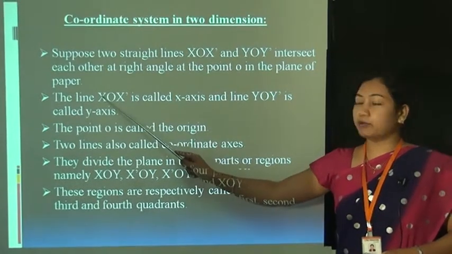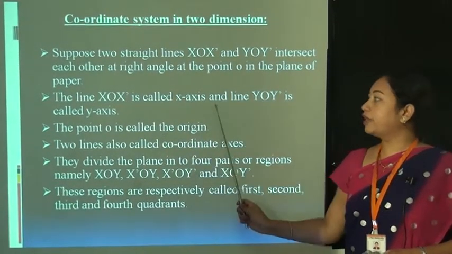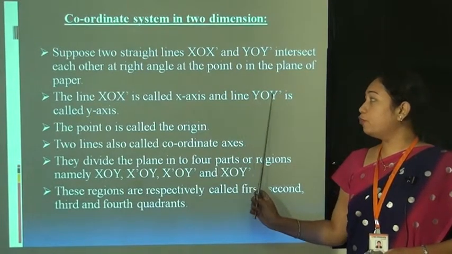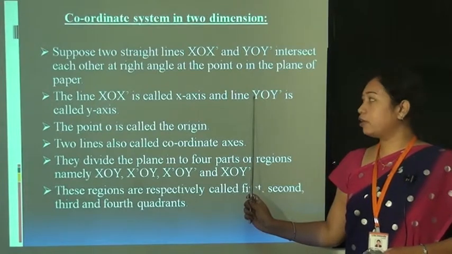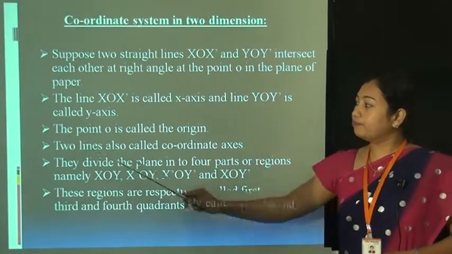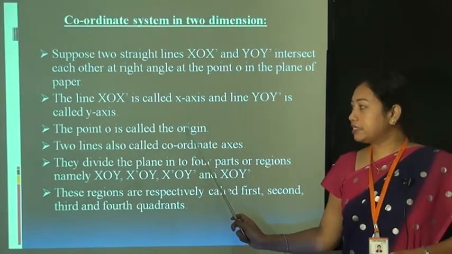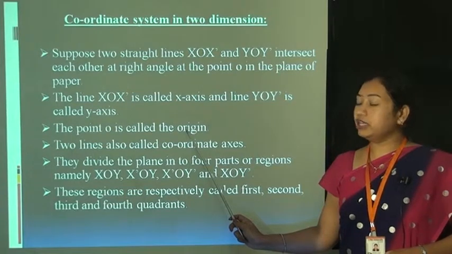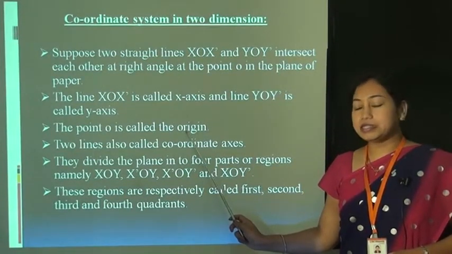Here x is in positive direction and x' is in negative direction, and line YOY' is called the y axis. Here again y is in positive direction and y' is in negative direction. The point O is called the origin. That means at this point both coordinates of the point are 0.